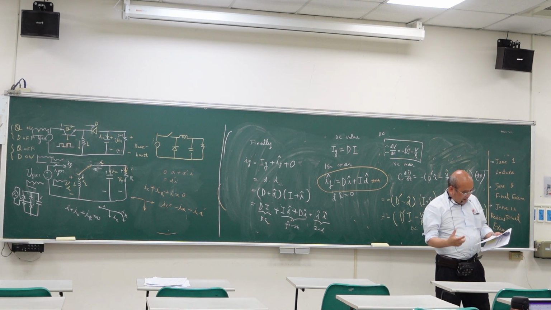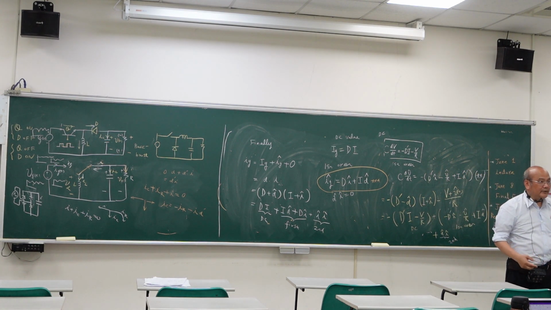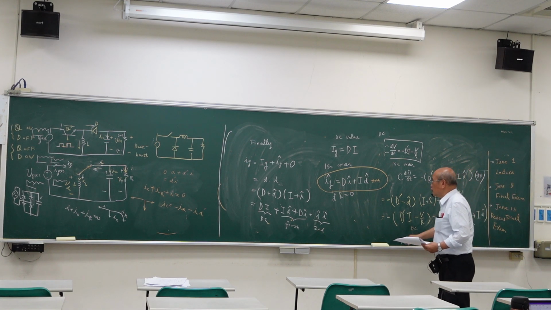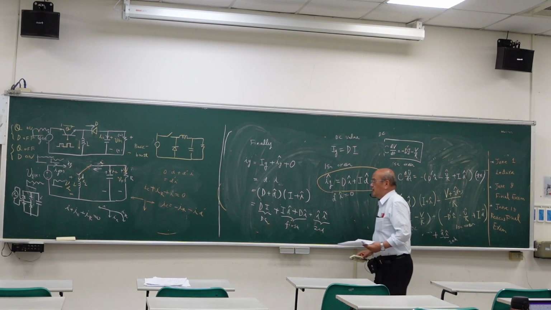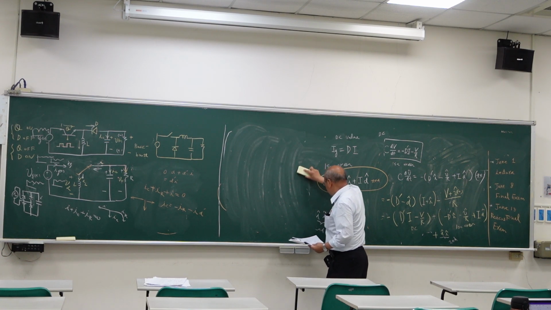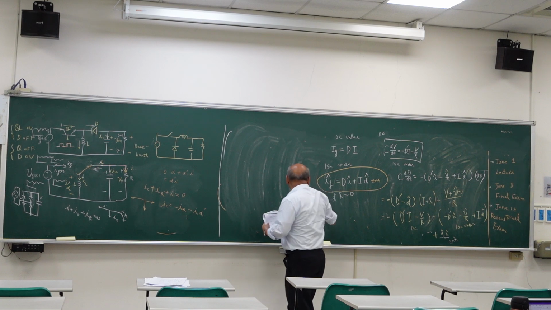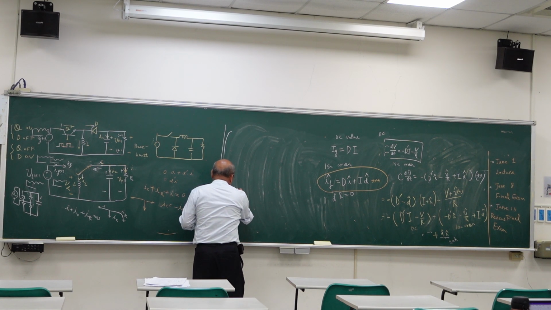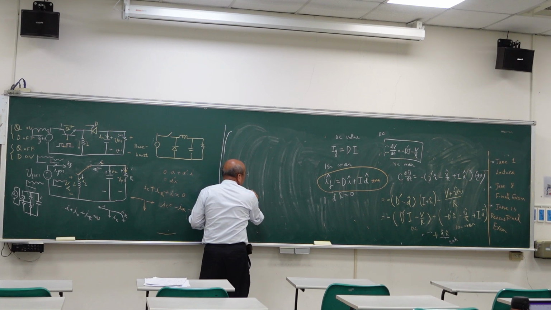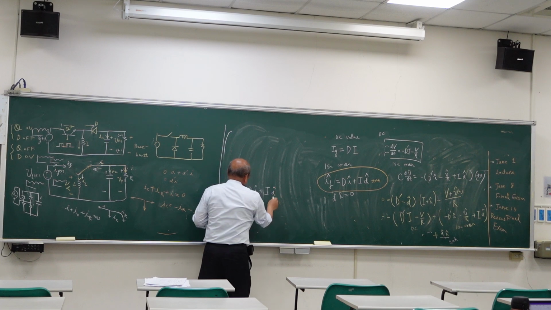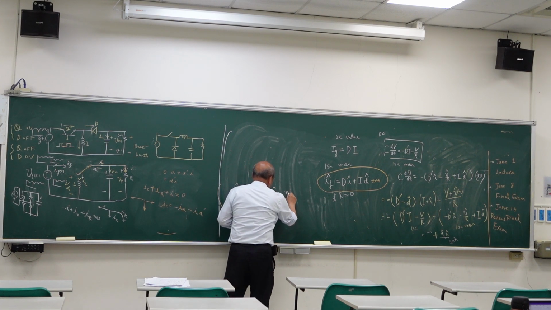So can you show me how many equations we have? 3 equations. So I will rewrite again, and we can easily summarize. IG hat equal to D I hat plus I D hat. This is the third equation.